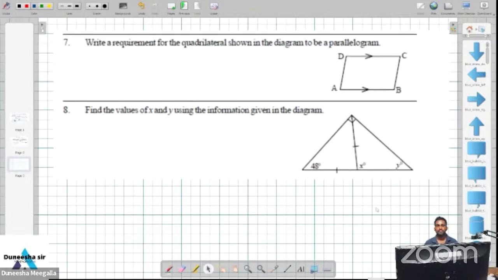Write a requirement for the quadrilateral shown in the diagram to be a parallelogram.